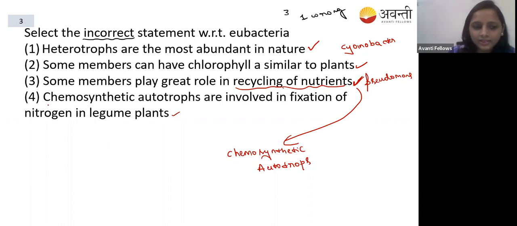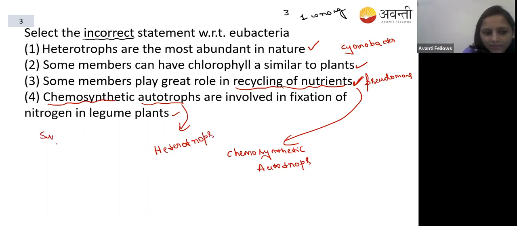So the nitrogen-fixing bacteria in the legume plants are not autotrophs. They are heterotrophs, because they have a symbiotic association.